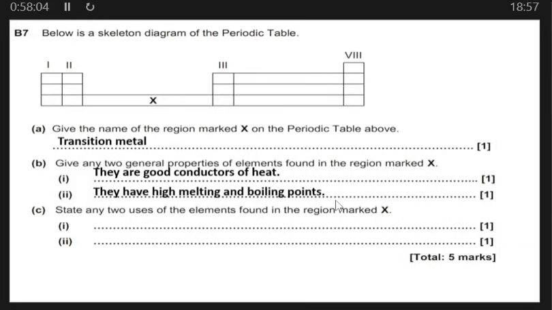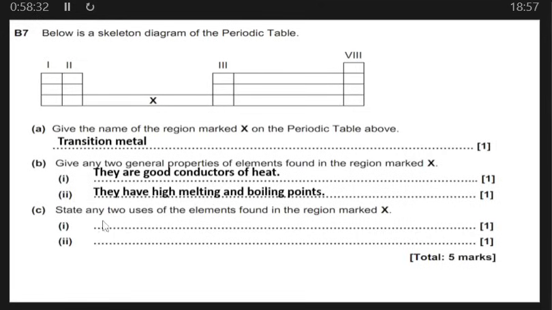Then you could have said they conduct. You could have said they're used as a catalyst, something like that. You can say they are sonorous, malleable, ductile. Yeah, it could also suffice here.